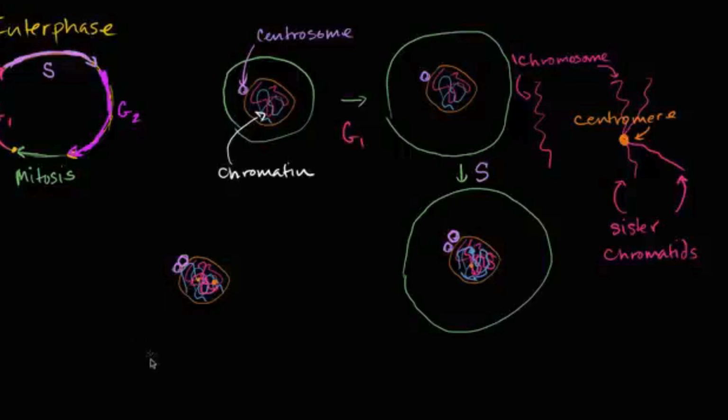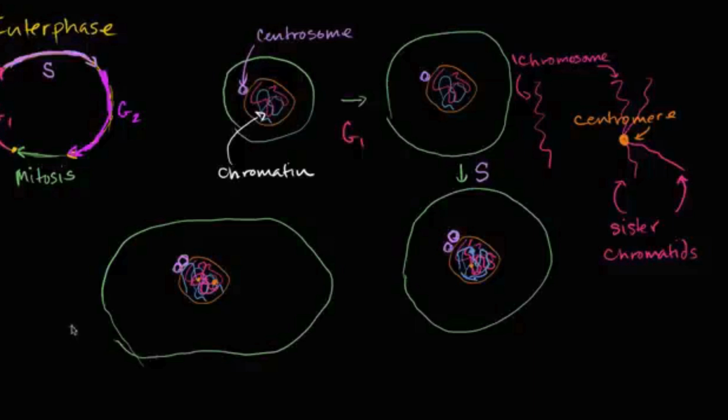And now the cell has grown even more. And once again, going from this to this, we call that the G2 phase. And at this point, at the end of the G2 phase, this is now when we are ready for mitosis.